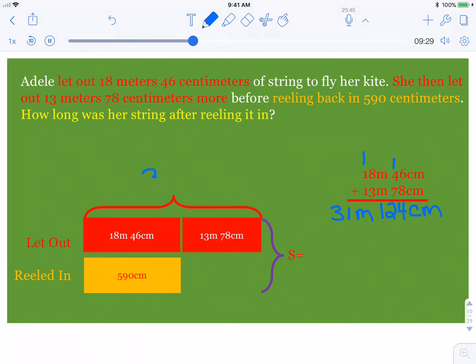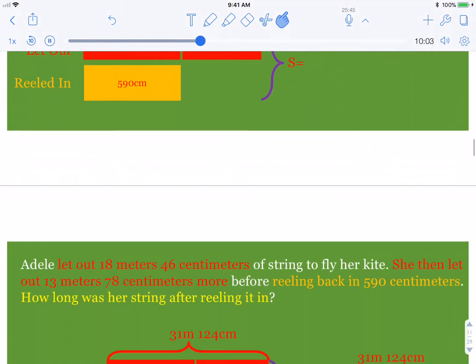So I have 32 meters, 24 centimeters. But that's going to get a little confusing, so I'm just going to go ahead and leave it as 31 meters, 124 centimeters. Okay.